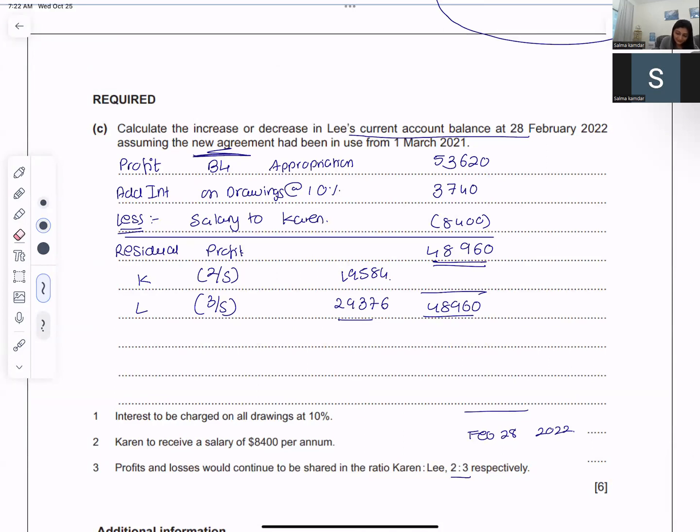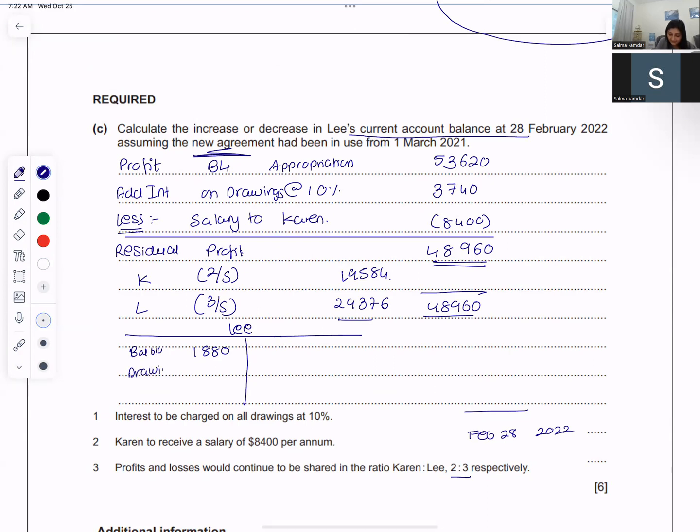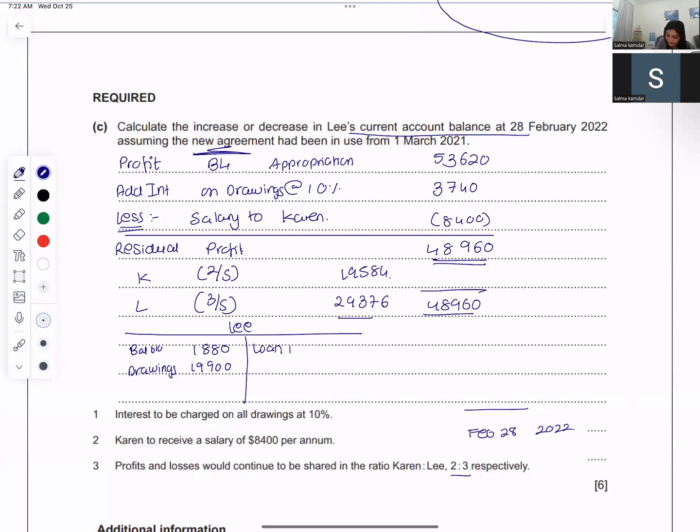So what will I do? I will make another current account for Lee. When I make another current account for Lee, I will put the old balance brought down, that was 1880. I will put the drawings as 19,900. There was loan interest for Lee, and that loan interest was 200. What would change is the interest on drawings.